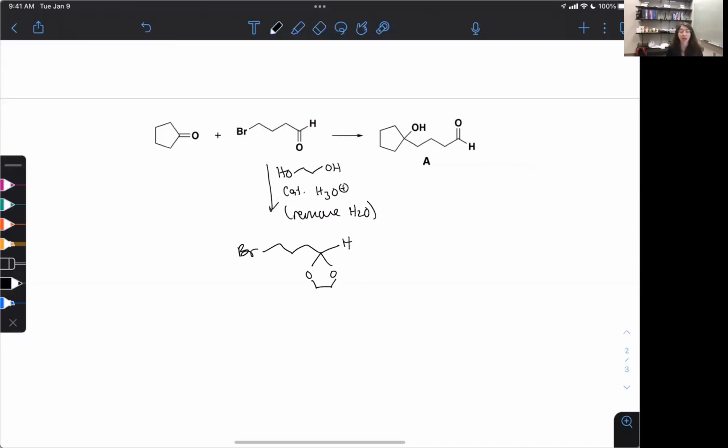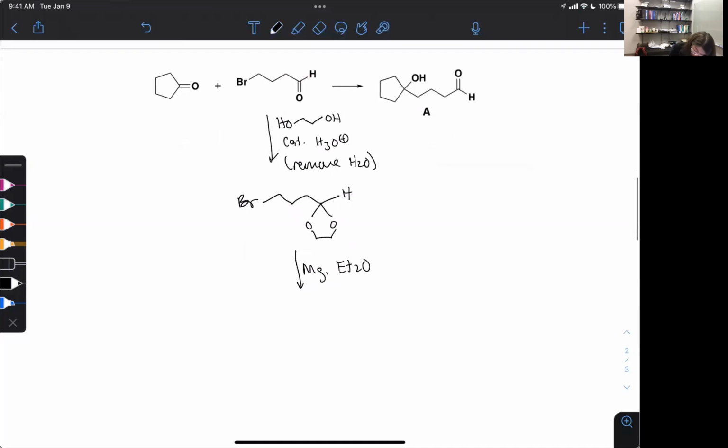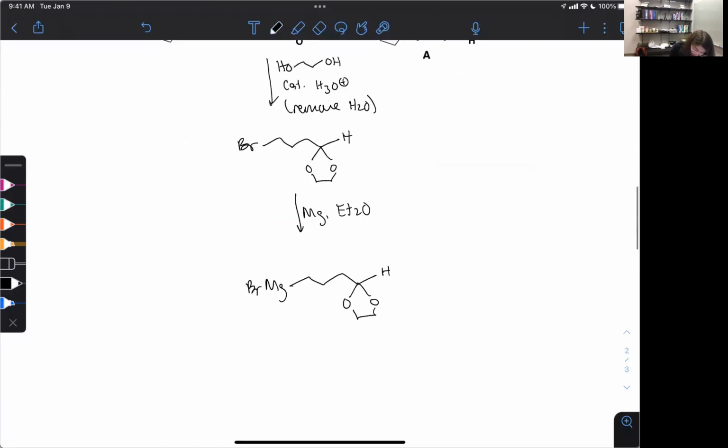Then we can make our acetal right here. Grignard is going to look at that and not think anything at all. It's just going to move right on by. So now we're ready to turn this into a Grignard by adding in our magnesium. And we're going to have absolutely no issues with this.